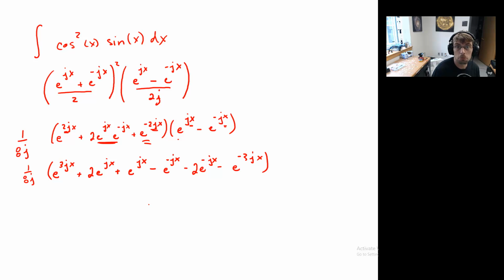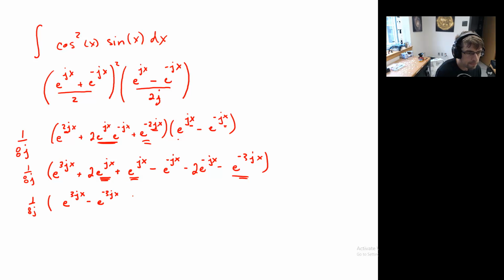So, rock and roll. Notice I have jx and jx. I can combine those, which is always nice. So what do I have? I have 1 over 8j, and I have e to the 3jx minus e to the negative 3jx.